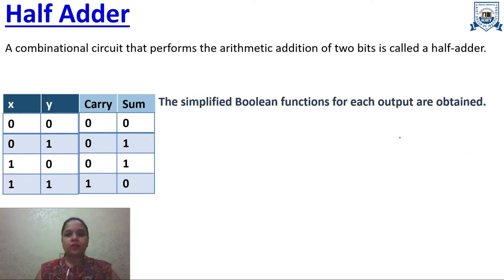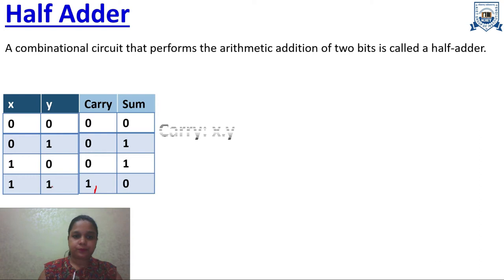Now next step, by looking at this truth table, we need to design the Boolean functions for each output. So let's design. To design the Boolean function, we need to see where there is 1. So for sum, here is 1. For carry, the Boolean expression will be x dot y.